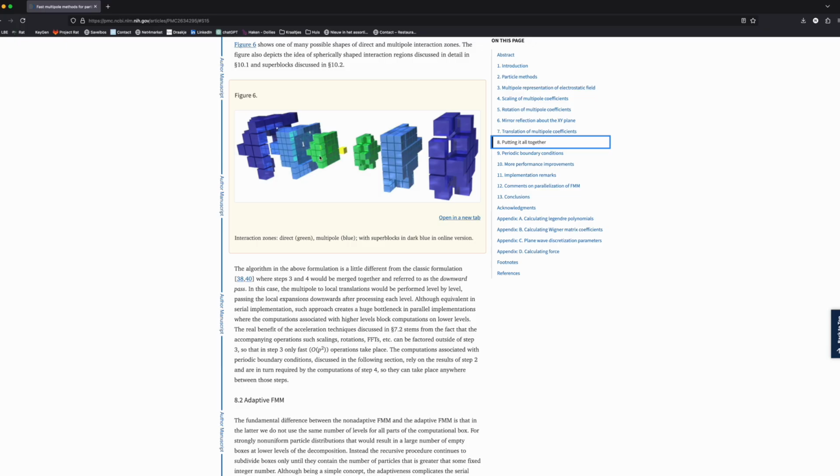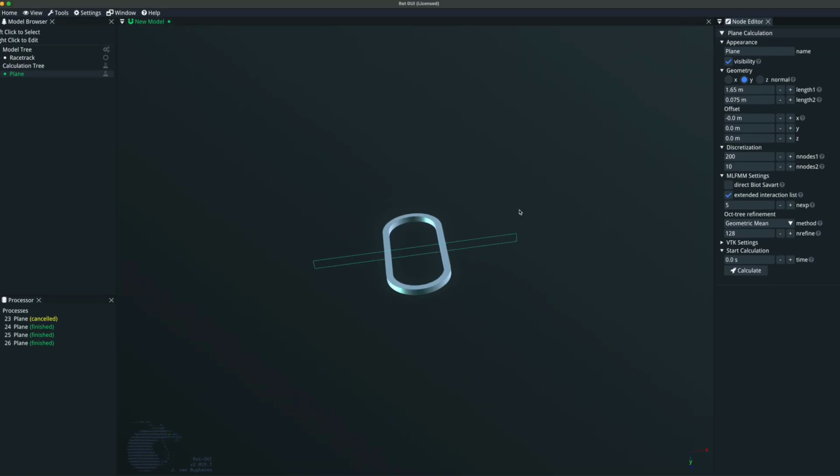So in 3D, the nearest neighbors would look like this. So this would be the extended interaction list. And so all these elements surrounding this block in the middle, which is where you are situated at the moment, so where you're calculating from there to there, this is the extended interaction list. And so you take more elements surrounding it to do direct Biot-Savart, and that makes it more accurate.